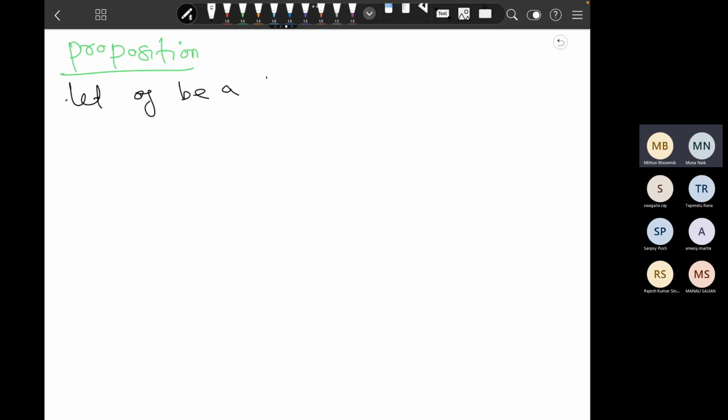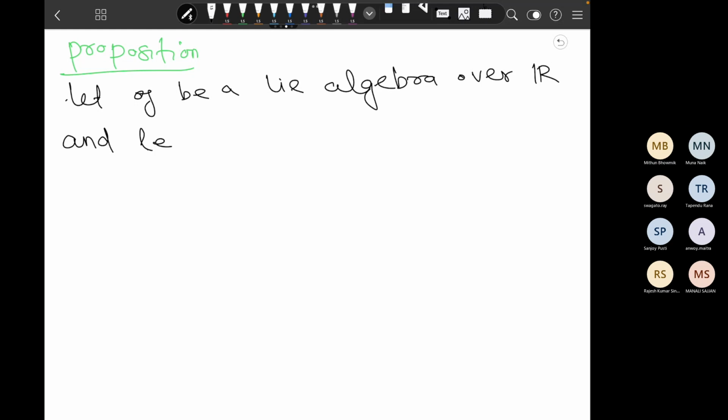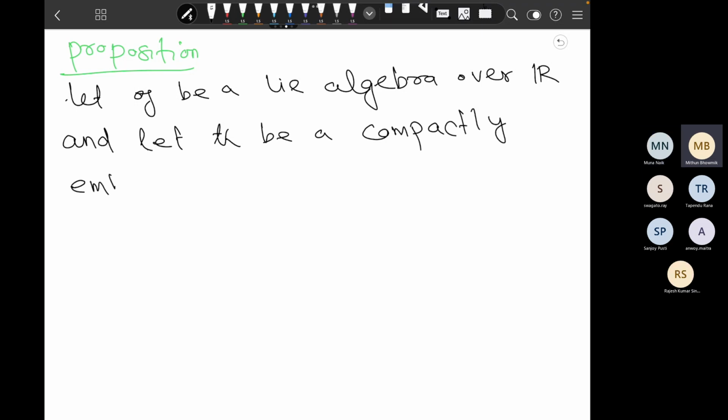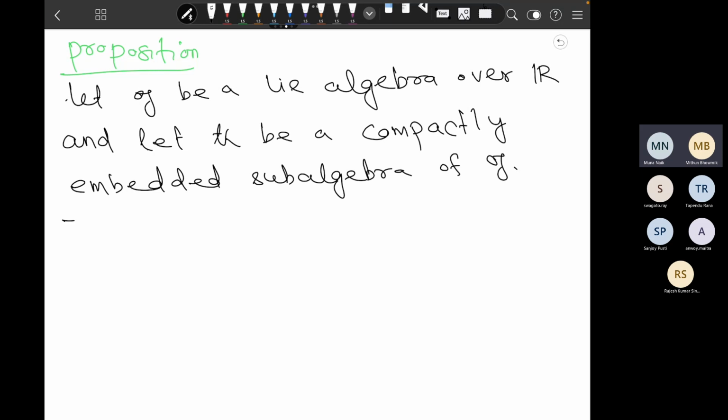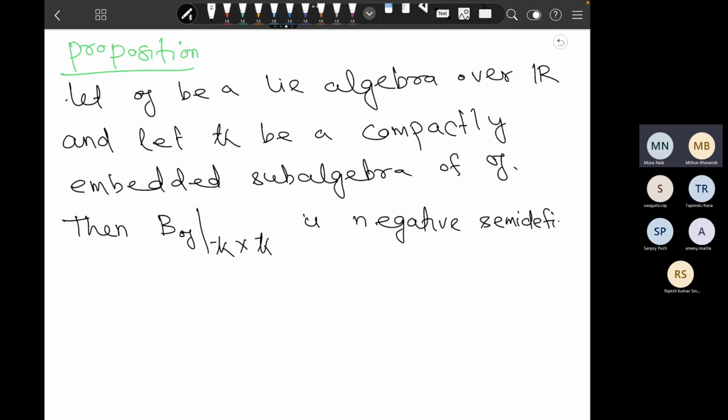Let G be a Lie algebra over R, and let K be a compactly embedded subalgebra of G. Then the Killing form B_G, if you restrict it to K cross K, is negative, to be very clear, negative semi-definite.